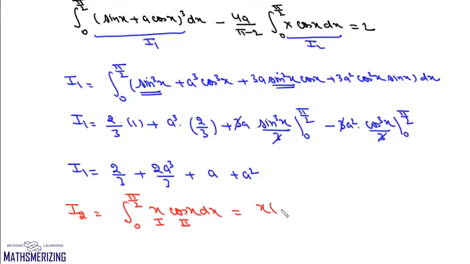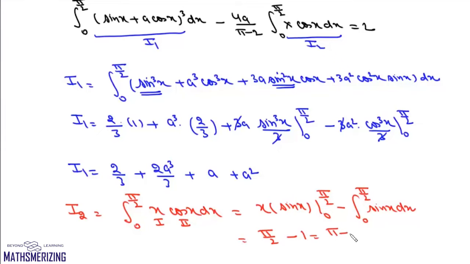So it will be x sin x from 0 to pi by 2, and minus this integral from 0 to pi by 2 of sin x dx, and integration of sin x is minus cos x. Now this is pi by 2 minus plus cos x, and cos pi by 2 is 0 and cos 0 is 1. So it will be pi by 2 minus 1. So it will be pi minus 2 by 2.